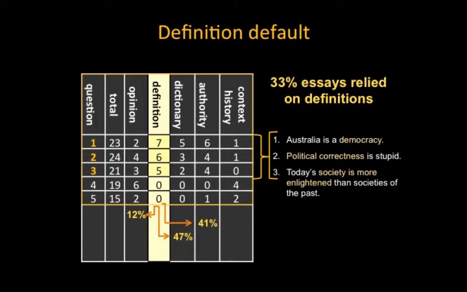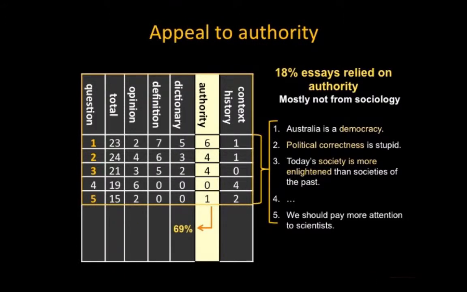They were using philosophers and lawyers instead of social scientists, and they didn't understand the context enough to know what sort of authorities they needed. So some questions got more reliance on definitions than others, so the nature of the statement they were analysing made a difference to how they approached it.